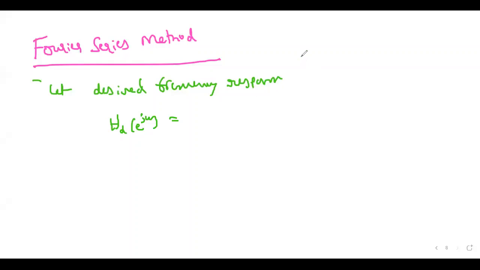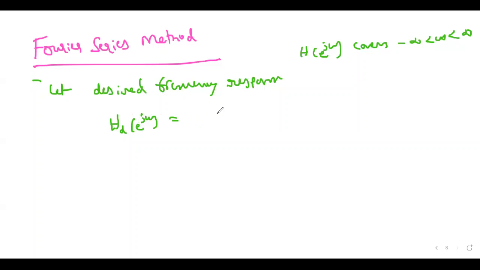If you take H of e power j omega, that will cover the entire omega range, the entire frequency range, but this total range we don't want for the filter design. We want some set of frequency components to allow, either low pass or high pass, band reject, whatever. It covers only a part. So say our desired frequency response is this one.